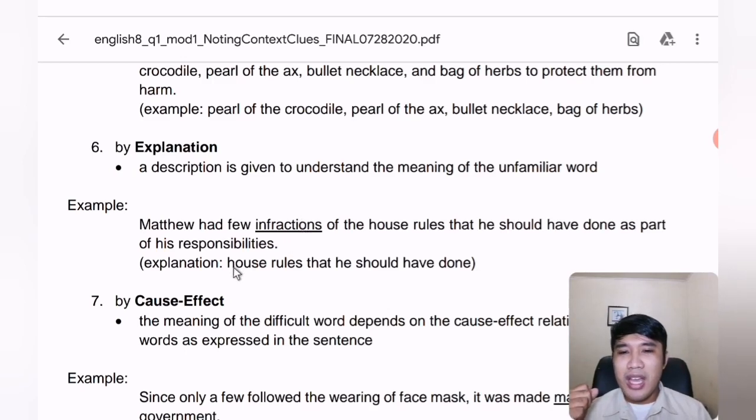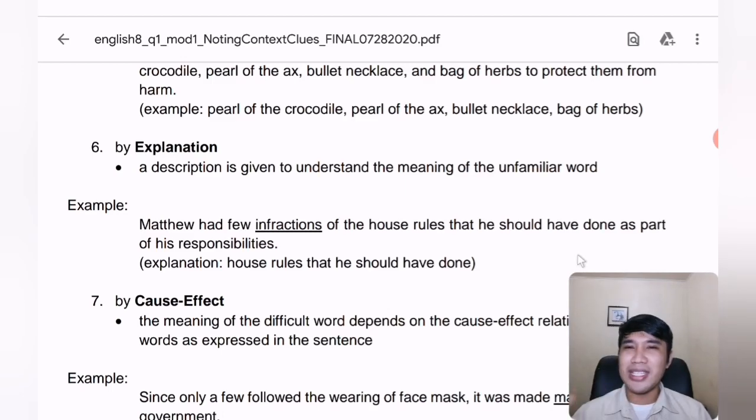Explanation. House rules that he should have done. So from this explanation, we understand that the word infractions means violations because of the house rules that he should have done. So Matthew violated rules.